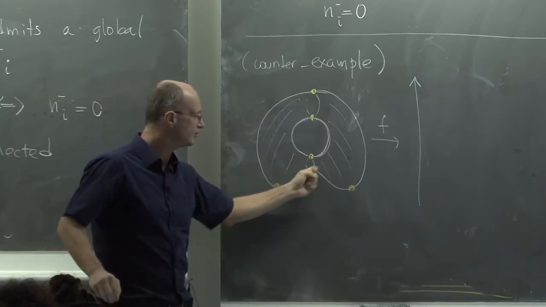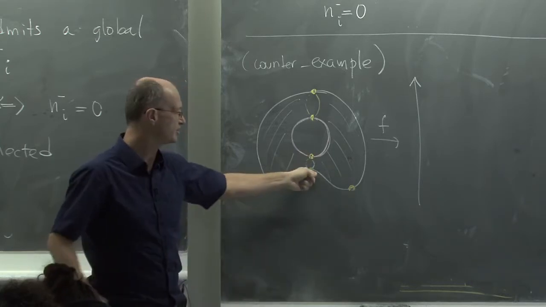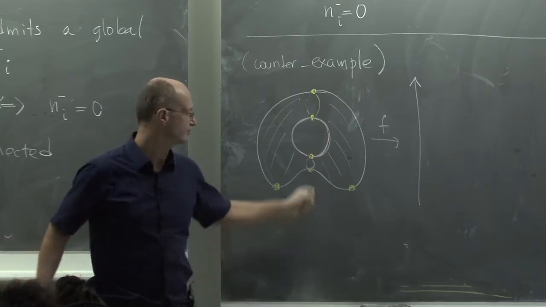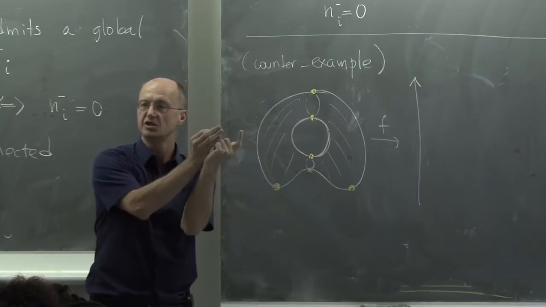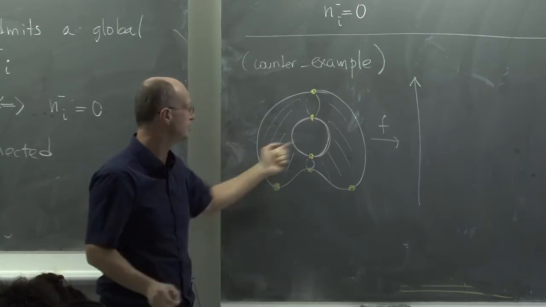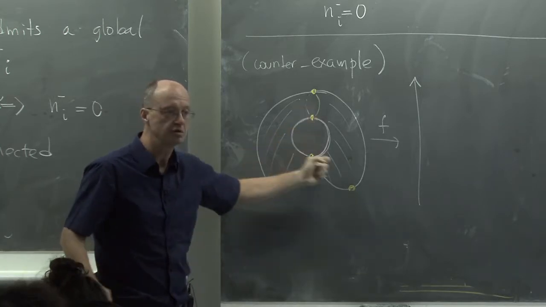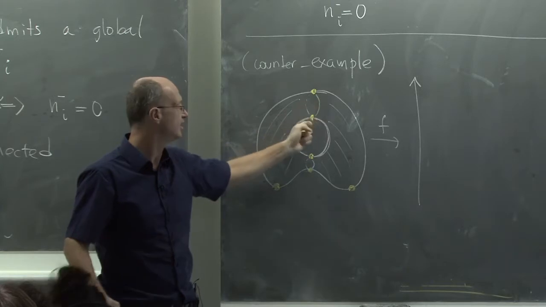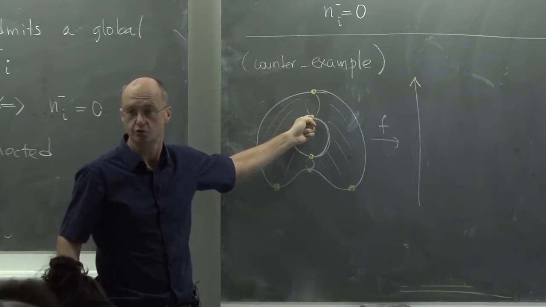So why were we able to separate them? That's because we had these n minus equal to 1 critical points. They were able to separate our manifold into pieces. It was connected, but now we have successfully built a wall between these two, and that's because of these critical points with n minus equal to 1.